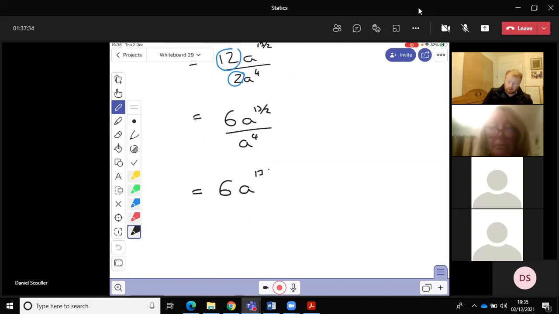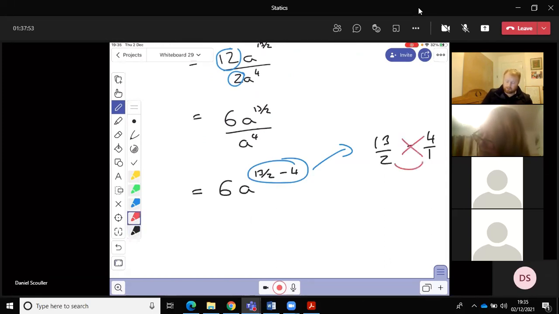Again, I'm going to take this to one side and we'll just sort that. So 13 over 2 minus 4 over 1. We'll just do our kiss smile. So 13 minus 8 over 2.